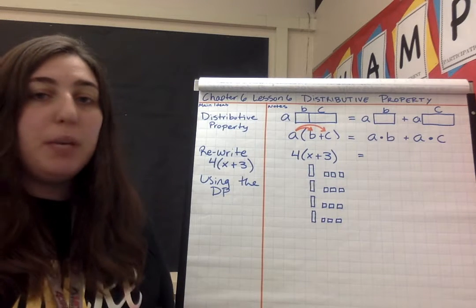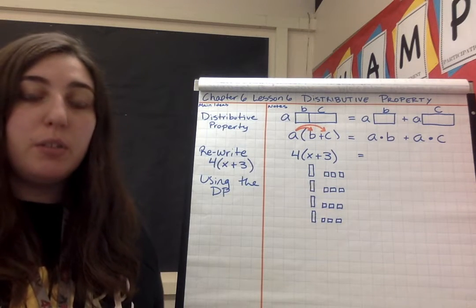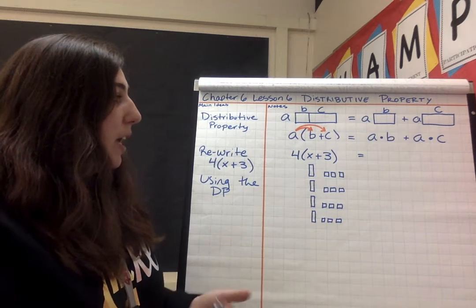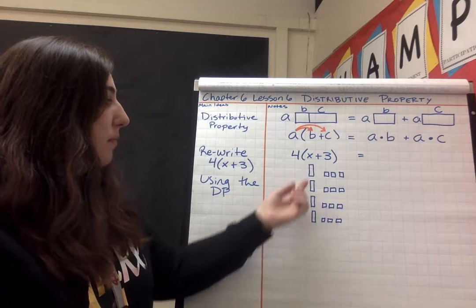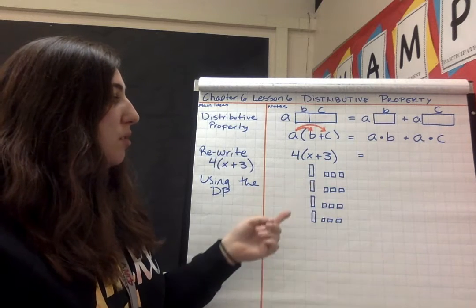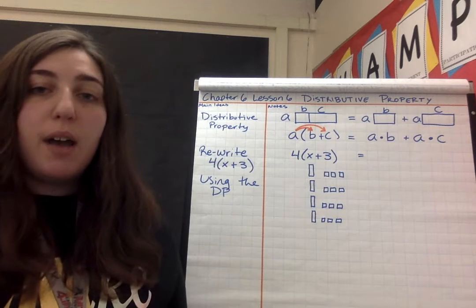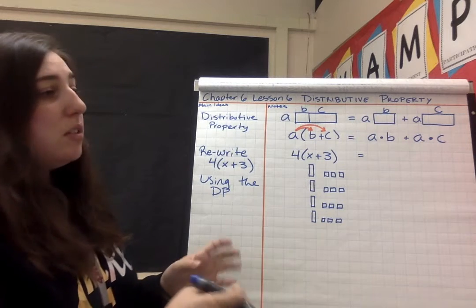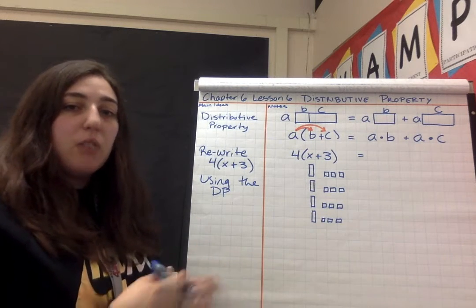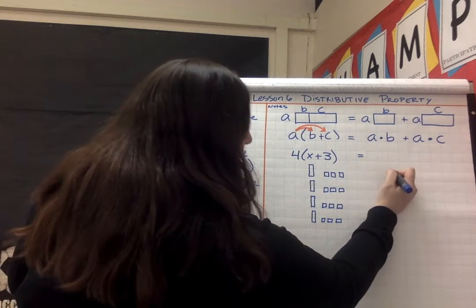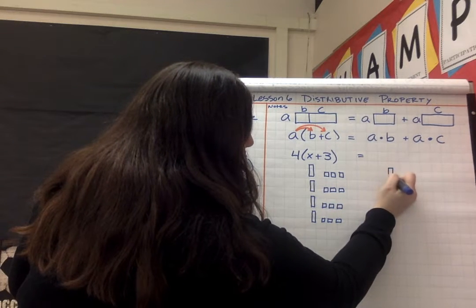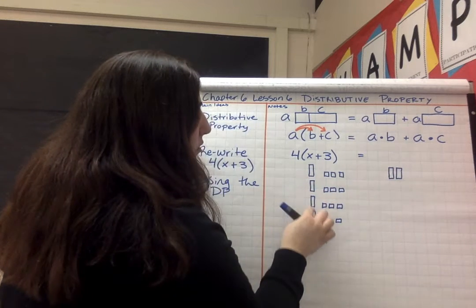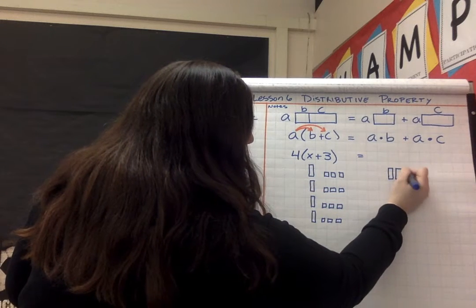So we talked about how we can't combine variables and numbers, okay? You just can't add them together. It's just x plus 3. Just like we cannot combine French fries and chicken nuggets. Okay, but we can group them together. So I can group all the French fries and I can group all the chicken nuggets. So I have 1, 2, 3, 4 French fries.